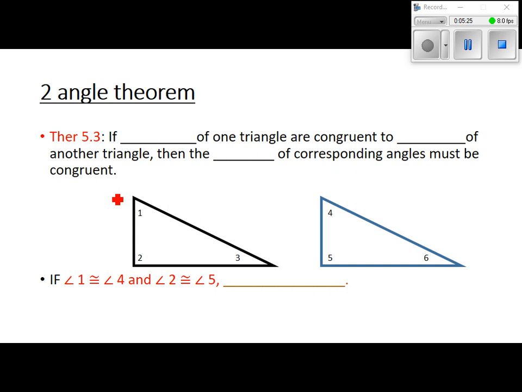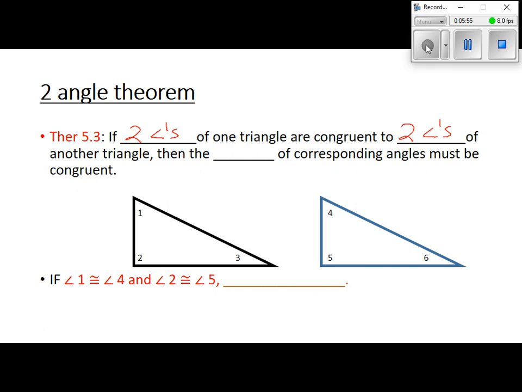Two-angle theorem. The two-angle theorem says if blank of one triangle are congruent to blank of another triangle, this should say if two angles of one triangle are congruent to two angles of a different triangle, then the blank of the corresponding angles must be congruent.